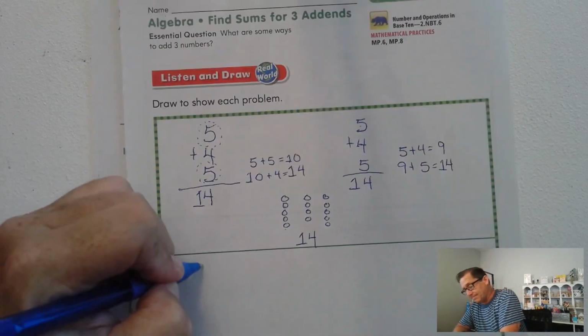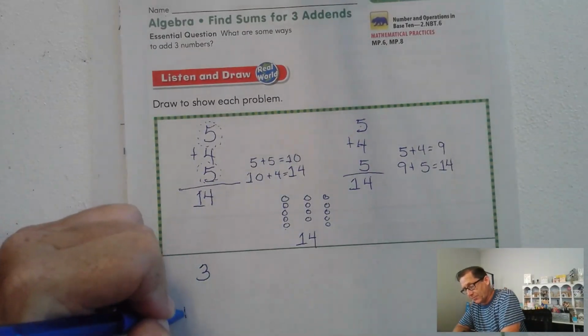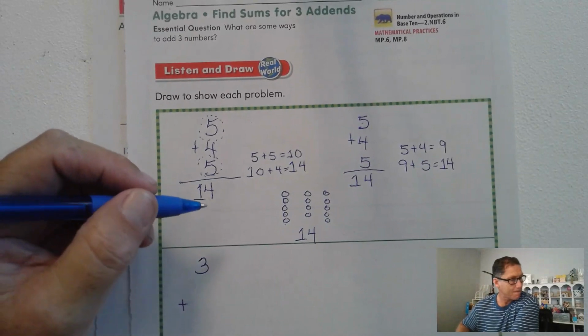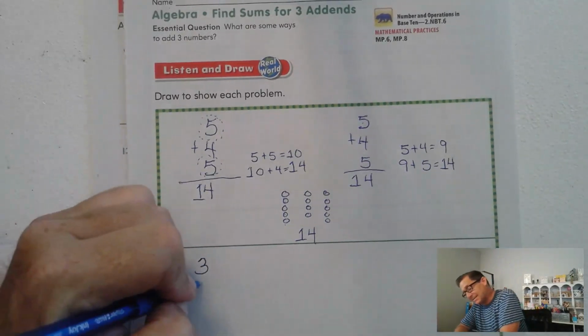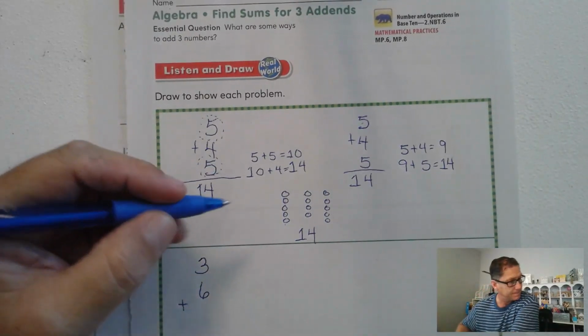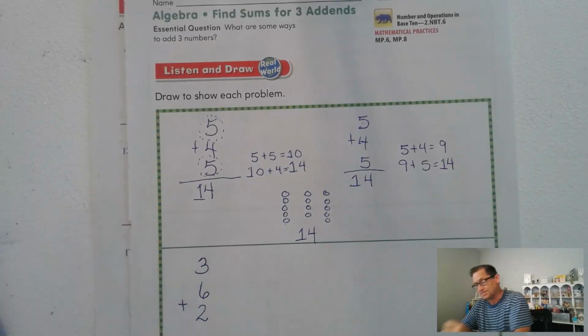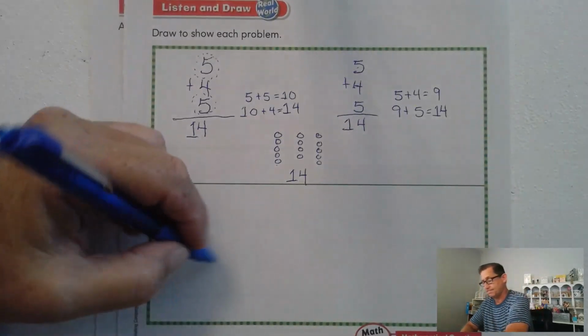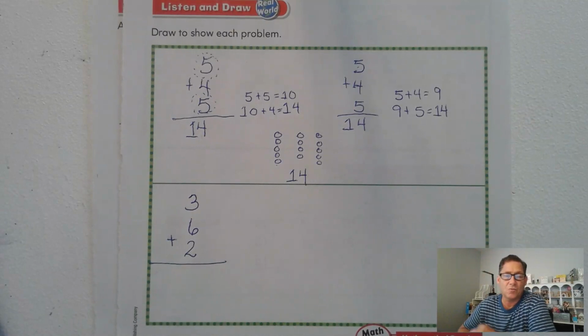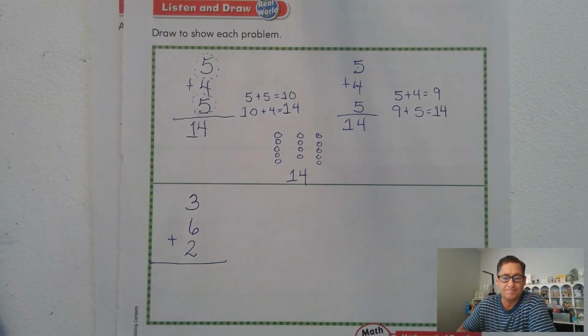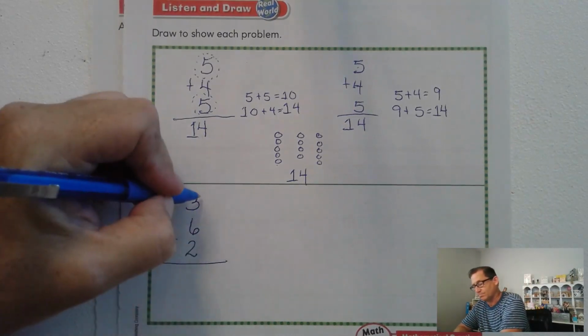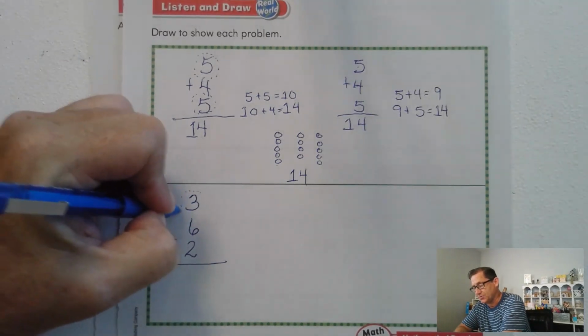Okay, so again, we know that she has 3 plus 6 plus 2. Okay, so what could we do here? Well, we could combine the 3 and the 2.